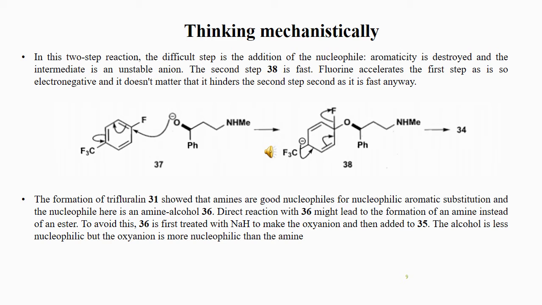So to avoid this, 36 is first treated with sodium hydride to make the oxyanion, and then added to 35. The reason is that the oxyanion is a good nucleophile compared to the amine. So to make it a good nucleophile, sodium hydride is used. The alcohol is less nucleophilic, but the oxyanion is more nucleophilic than the amine.